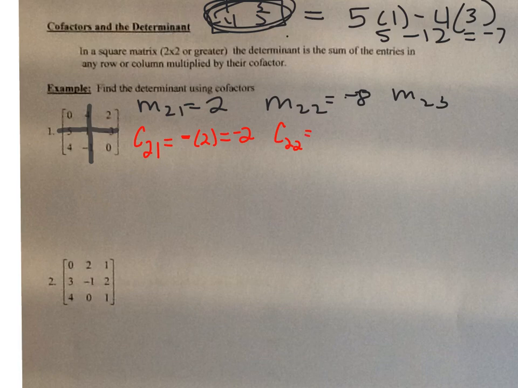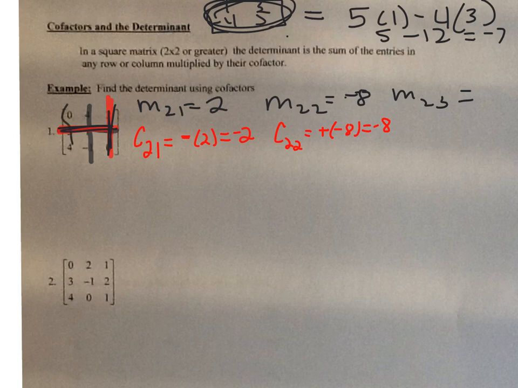So 2 plus 2 is 4, so negative 1 to the fourth is going to be positive 1 times negative 8 is going to be negative 8. Okay, so now we want to do minor 2, 3. So I need to do row 2, column 3. Row 2, column 3. Sorry, I can't erase the other one. So row 2, column 3 is going to be, so I crossed out the red here, sorry.